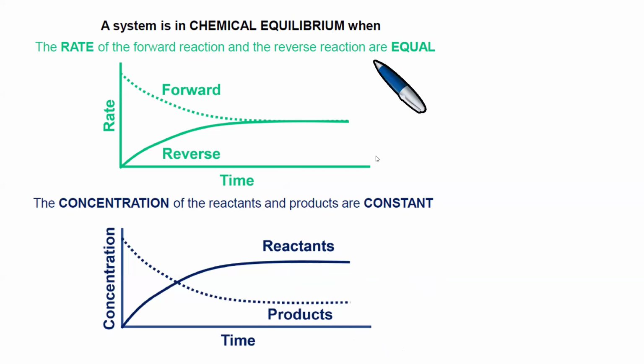You can see now the reactants start from the origin and the products start up there. But what we are able to see is that the concentrations become constant, meaning that these will go horizontally for some time, or at least indefinitely.